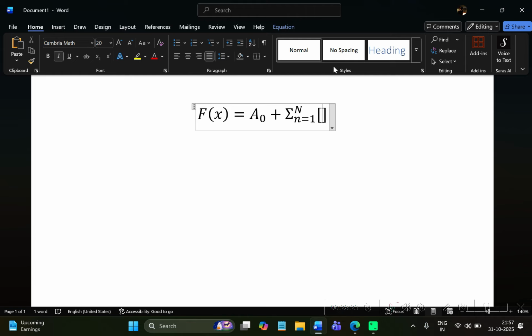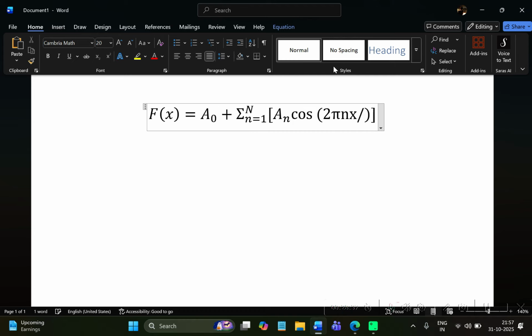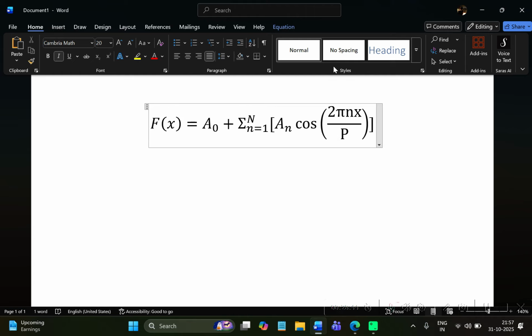Then you want these brackets and you want to write a n cos of something like 2 pi, backslash pi, 2 pi n x over let's say p. You can keep it like this if you want the equation in a single line. It looks very good. Otherwise you can create it in this form also.